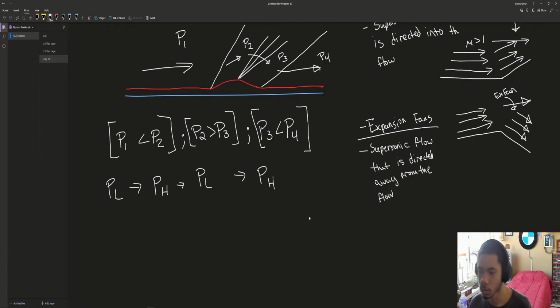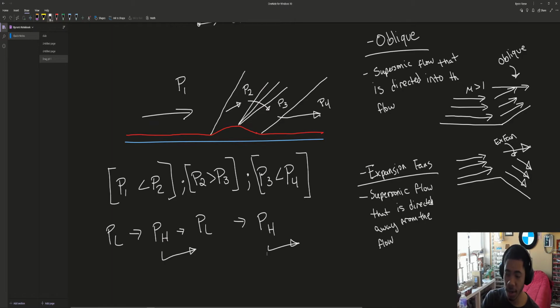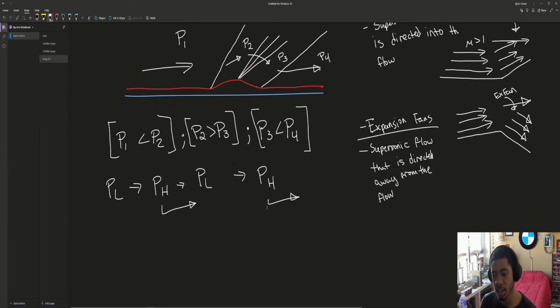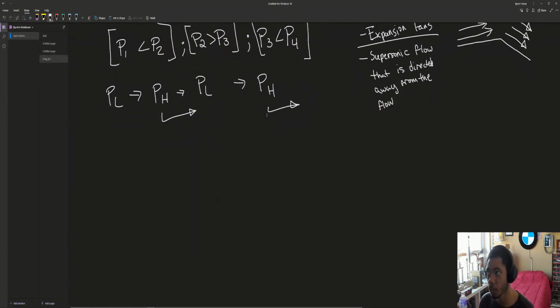Now this pressure is moving in this direction. The high pressure would like to move back, but it doesn't. It's moving forward due to the airflow velocity. But since the flow is already going this direction, you have this high pressure. Perturbations will also cause a high pressure to occur, creating this suction force, and therefore creating drag as well.